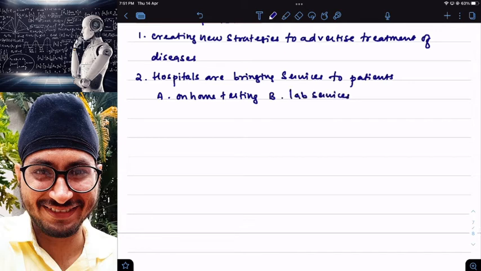Sir, I want to get my blood sugar tested. I can schedule an appointment with Apollo, Virinchi, or any big hospital. People will come to my house, take my sample, go back to their hospital, do the blood test and all, and then send me a report. And then ambulance on-call services. These are some examples.